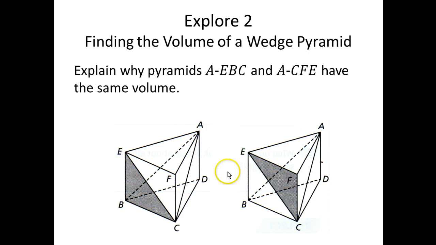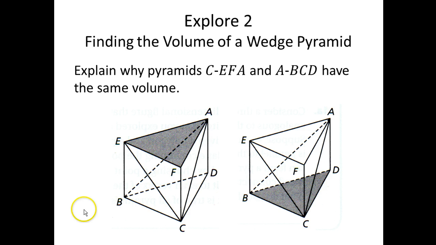The reason is that by drawing in this segment EC, I've created two congruent triangular bases for our pyramids, since this base here was a rectangle. Not only that, but they have a common vertex in the point A. So using our postulate from before, these two pyramids have the exact same volume because they have the same base area and the same height.